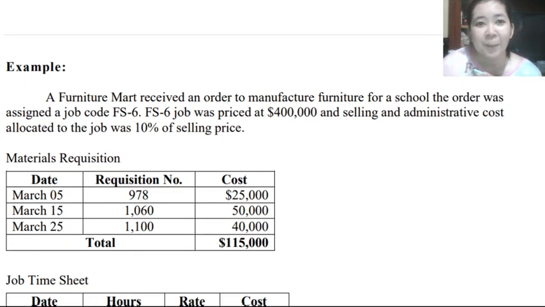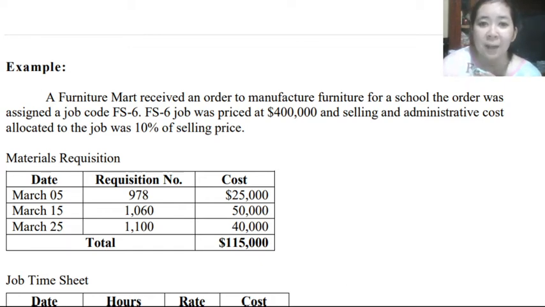Okay, so we have here another example. This is the combination of materials, direct labor, and factory overhead for our job order costing. A furniture mart received an order to manufacture furniture for a school, where the order was assigned a job code FS-6. This job was priced at 400,000, and the selling and administrative cost allocated to the job was 10% of their selling price.